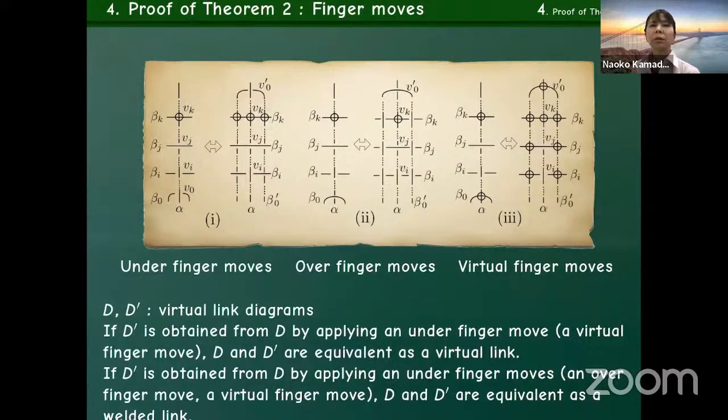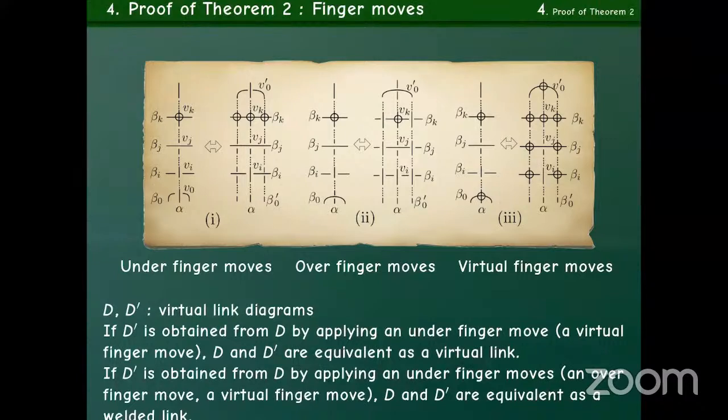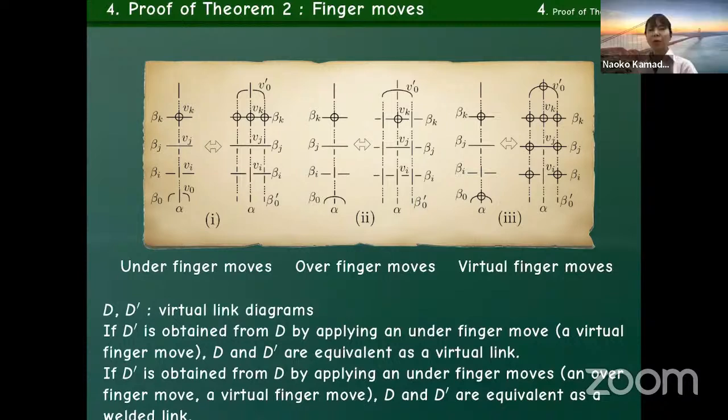In welded, yes, we can apply the under finger move. The under move is forbidden, the over move is allowed in the welded. Okay. But the under finger move is always allowed.